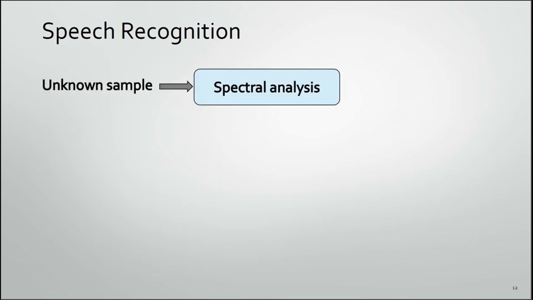And then once the HMMs are trained, this is how speech recognition is carried out. Here our task is to find out what word is being uttered. So an unknown sample, which is a voice trace, is obtained and spectral analysis is done. And this unknown sample pertains to a word. We don't know if the person is uttering yes or something else.